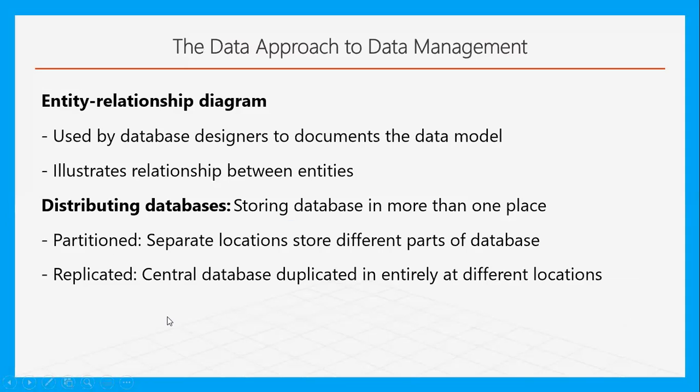Entity relationship diagram used by database designers to document the data model illustrates relationships between entities. Distributing databases, storing database in more than one place: partition, separate location, store different parts of database; replicated, central database duplicated entirely at different location.